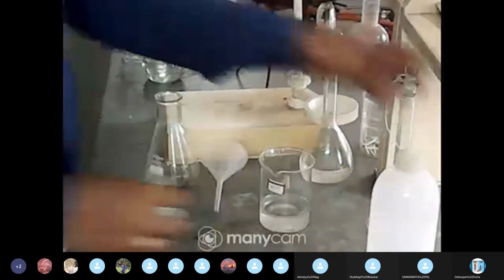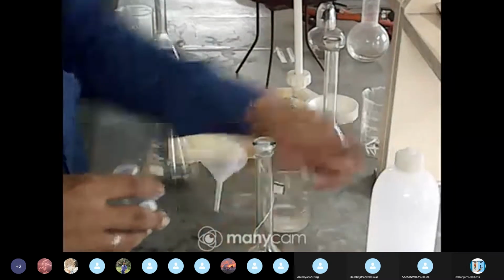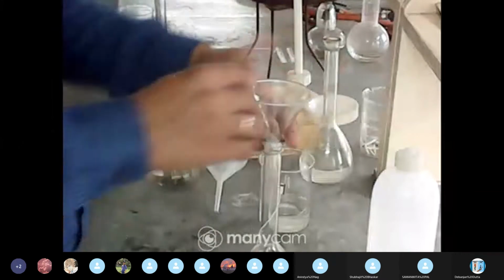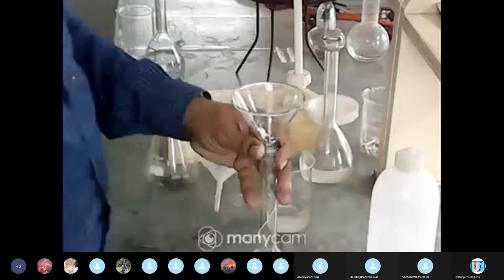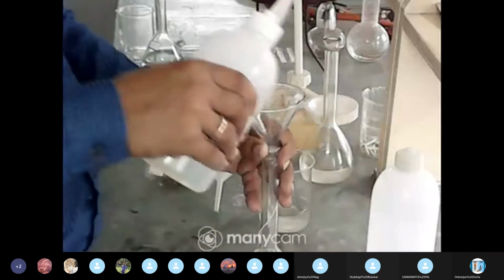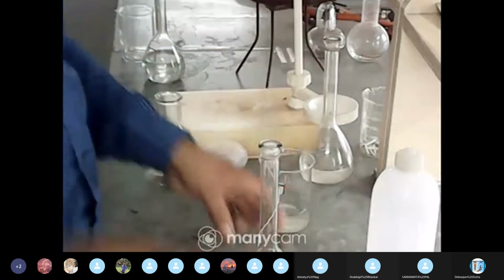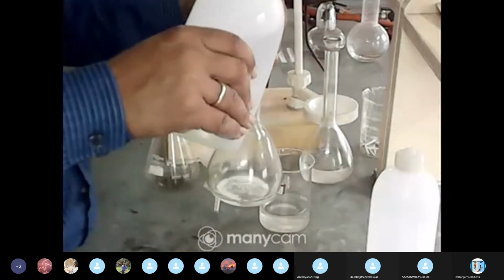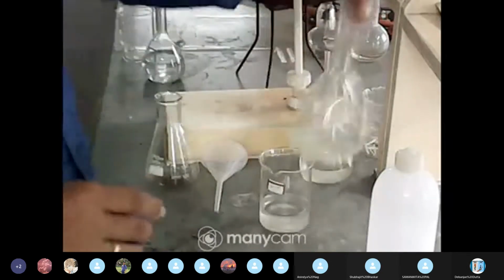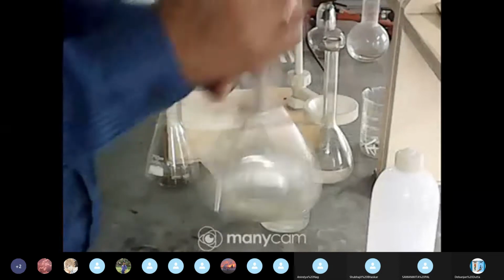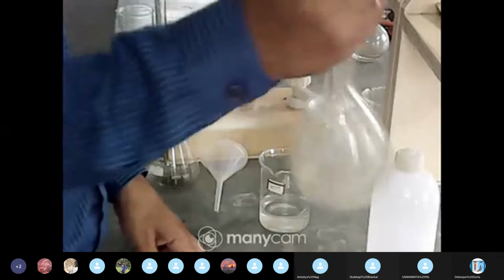Now, how to prepare the solution? This is the 250 ml volumetric flask, and when you prepare a solution, take the distilled water from the bottle. This is the transference of the sample. Now add distilled water. Shake it well so that it is totally dissolved.